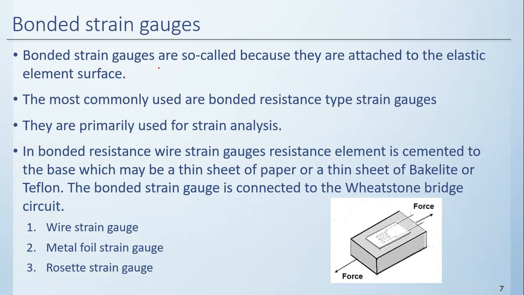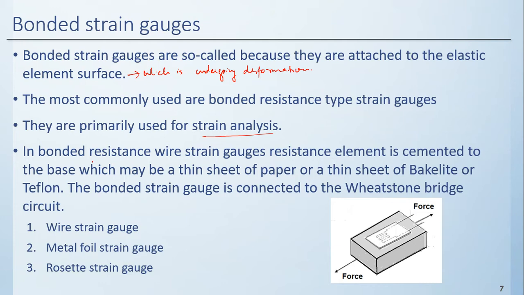Now, here is a bonded strain gauge. It is nothing but a strain gauge which is attached to the elastic surface which is undergoing deformation. So they are primarily used for strain analysis.